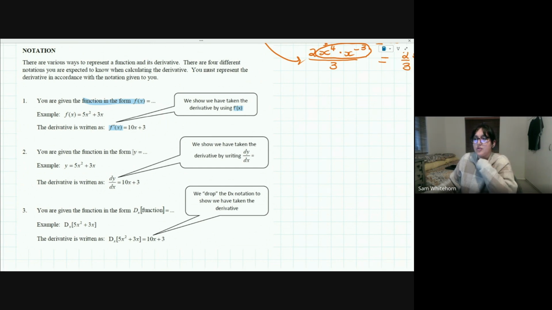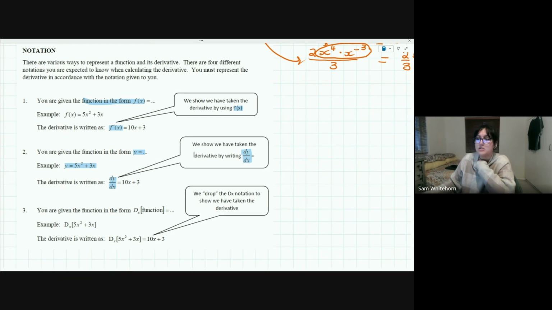If I give you your expression in the form of y equals, let's say, for example, y equals 5x squared plus 3x, the way we represent that derivative is to say the derivative of y in terms of x. So we say dy over dx. And those d's in front of the y and the x represent your derivative.